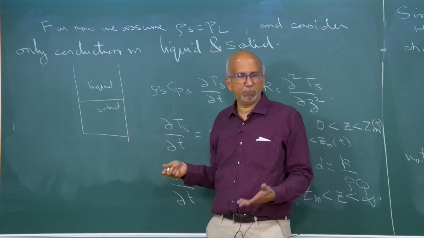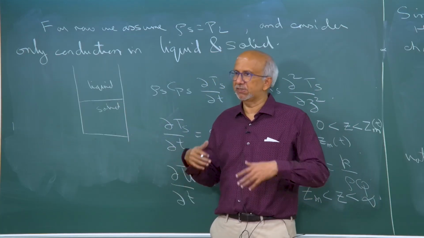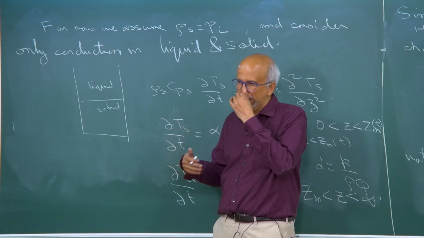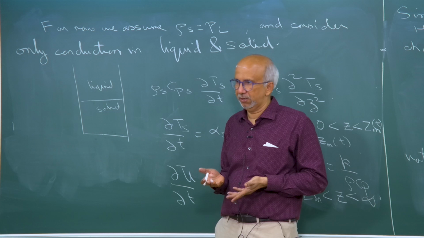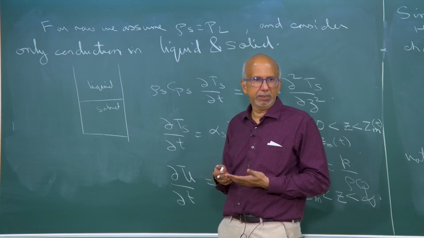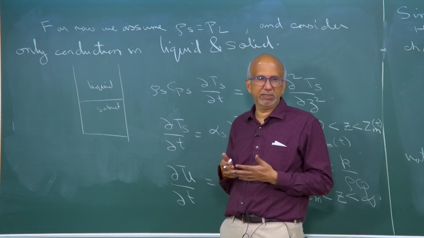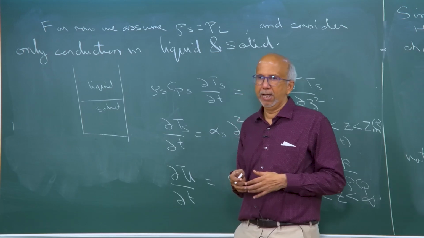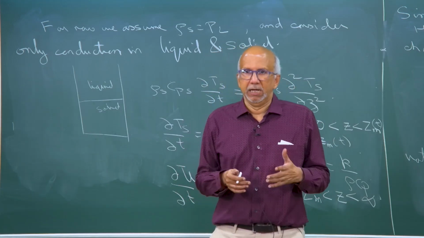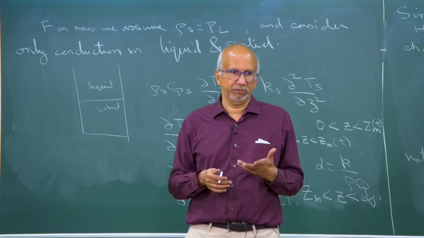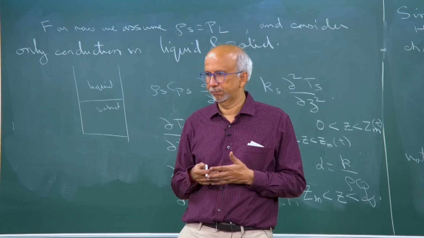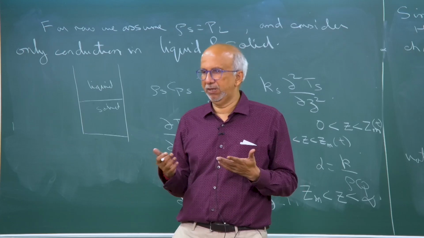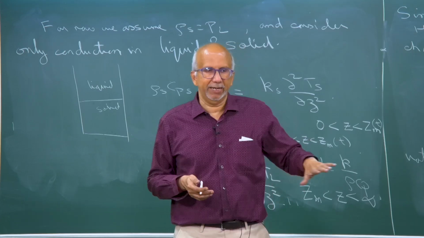If zm is known, the problem is solved, but zm is changing and that is determined by the problem. It is not something I am fixing. I want to find out zm of t, how the interface changes with time. It is a dependent variable, and that means I need one more equation which will help me find out this zm.